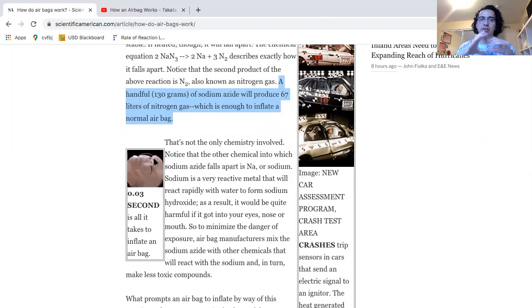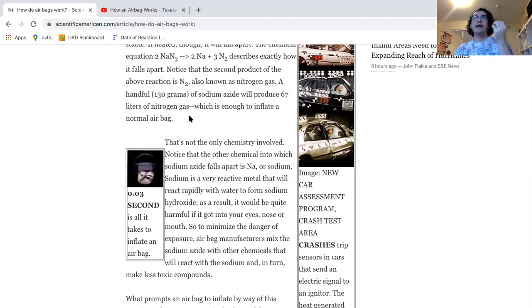If it inflates too much, the airbag could explode. If it inflates too little, the person might not have the proper protection. So that's what stoichiometry does for us. Stoichiometry helps us calculate, if we want a specific outcome, what do we need to start with in a chemical reaction?